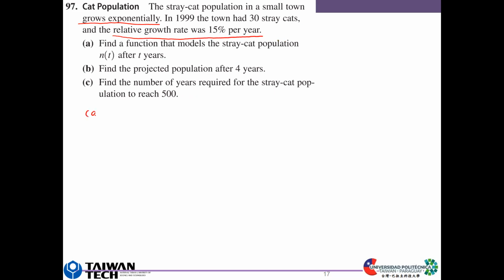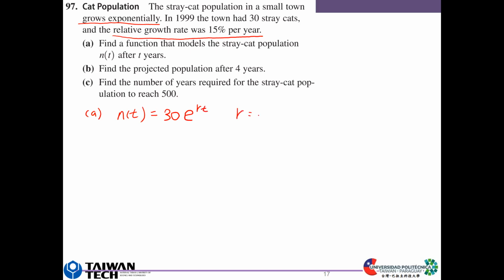So for A, given these two, you need to immediately write N(t) equals the initial cat population, which is 30, and since it grows exponentially, it has an exponential function, e to the power of rt.